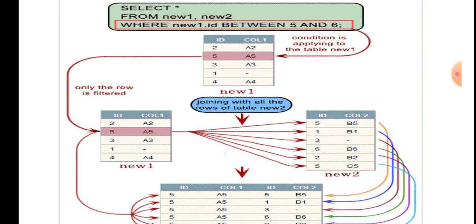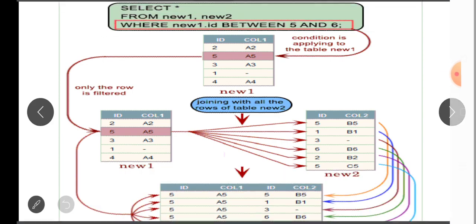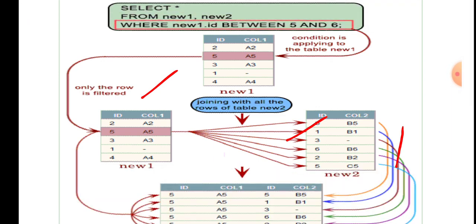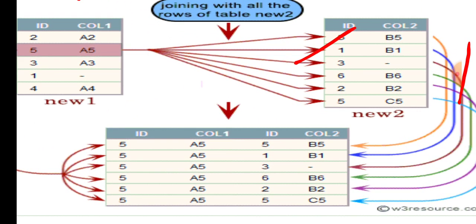Only one row is filtered, and then it is joined with the other rows of the table. Joining with other rows of table 2, we can see this is table new2, and we add all the records of table new2 with that record 5A5.